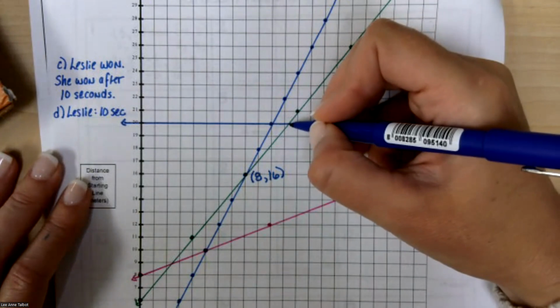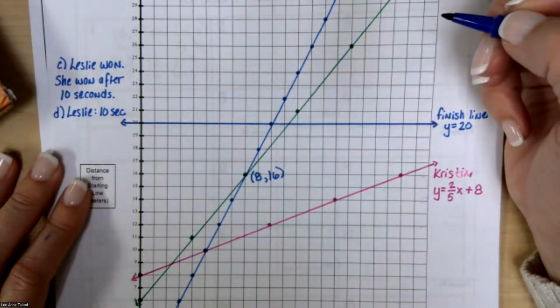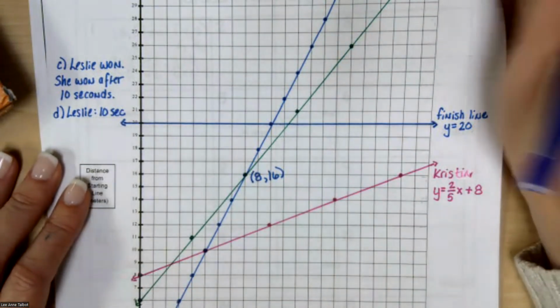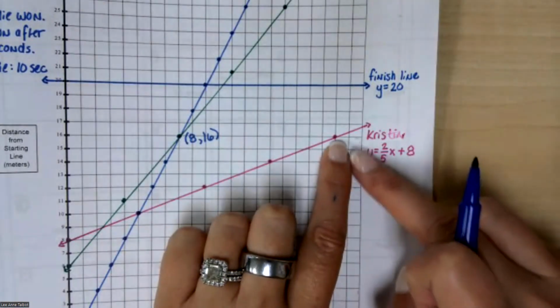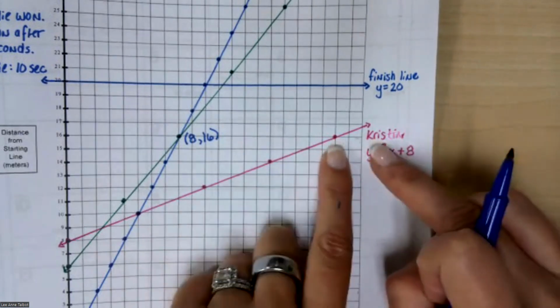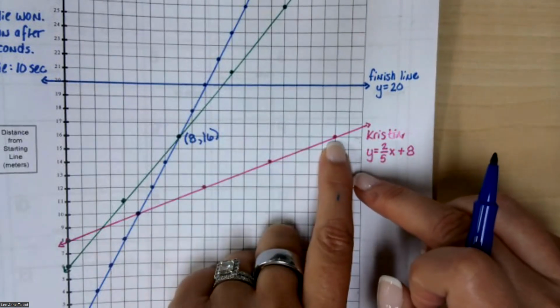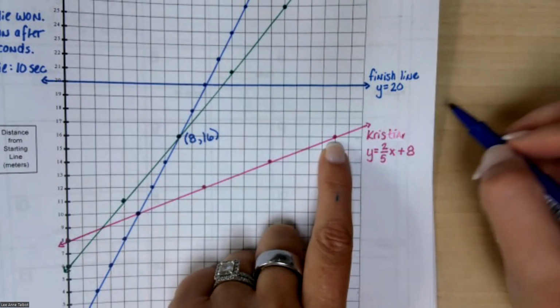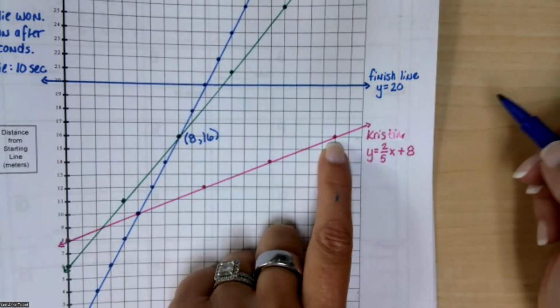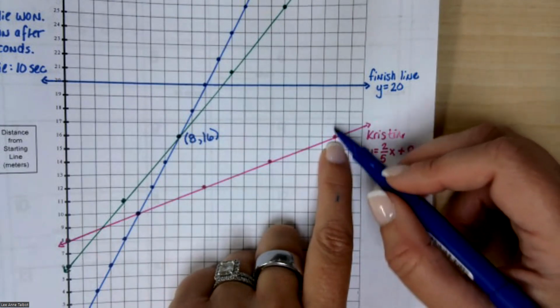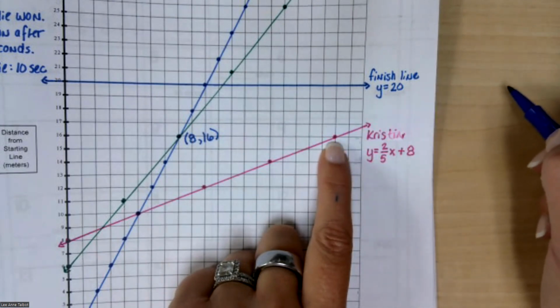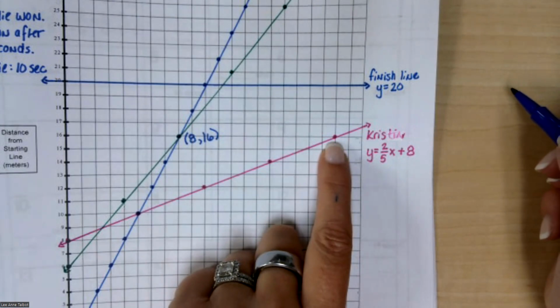What's gonna happen here? How do I find when Kristen finishes? It's over here. Yes, Landon?